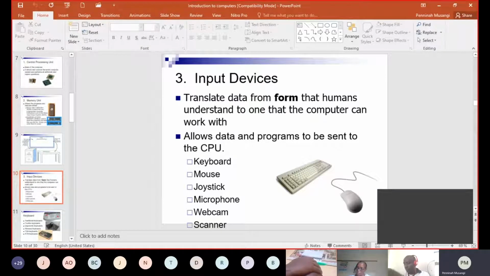So what translates what a human being wants to do to what a computer can work with is an input device. So we have input devices like keyboard, mouse, joystick, microphone, all that, even scanners. Those are input devices. So basically the work of an input device is to translate data from the form humans understand to the form that a computer can work with.